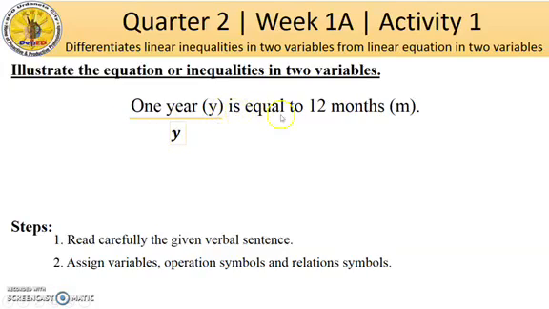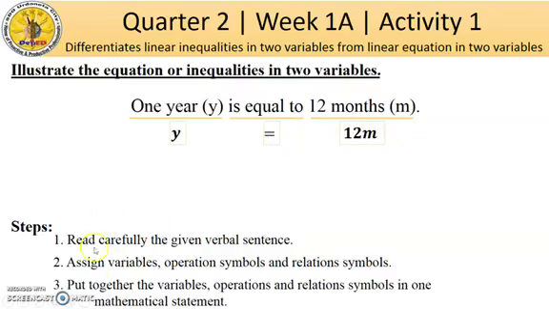Now we have here is equal. So we will change this to the symbol of equality or the equal sign. And 12 months here will be represented by the variable m. So we have 12m. Now, step number 3, put together the variables, operations, and relation symbols in one mathematical statement.